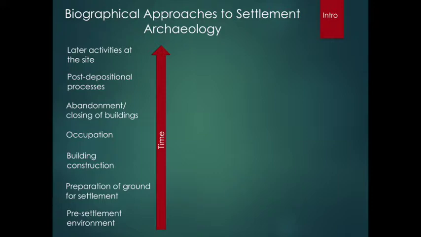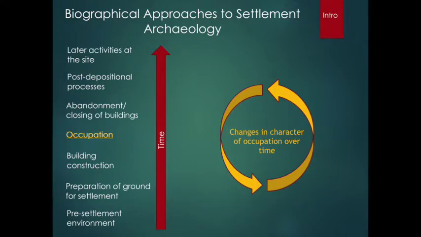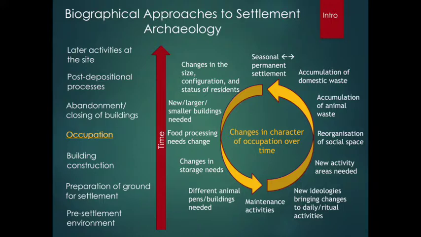And the most complicated bit to get to is actually the occupation phase. And the reason for that is that it's incredibly complex and in fact sometimes very cyclical in terms of the number of changes that can take place during the course of a settlement's life. So we have changes in the size and configuration and status of the household itself, and obviously the needs of that household will change what happens on site in terms of the spaces that are needed, the sizes of the buildings that are needed, and so on.